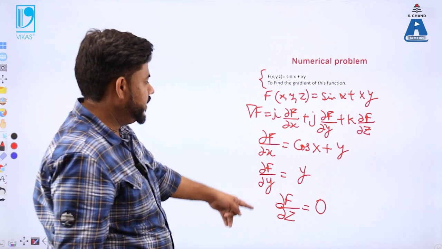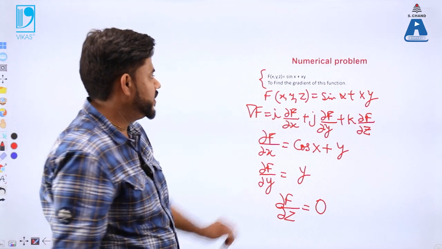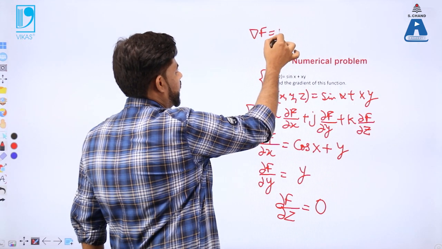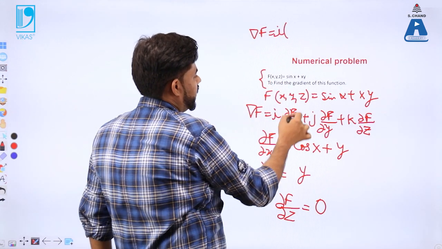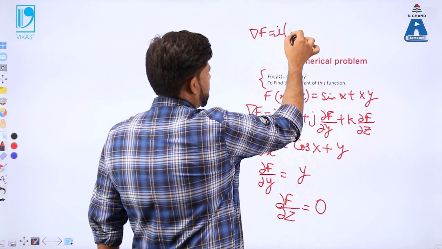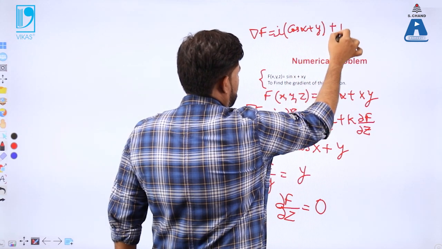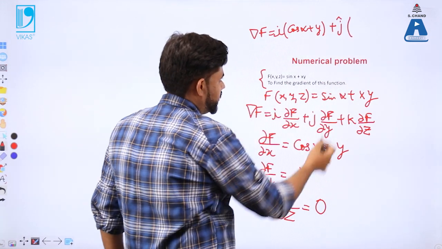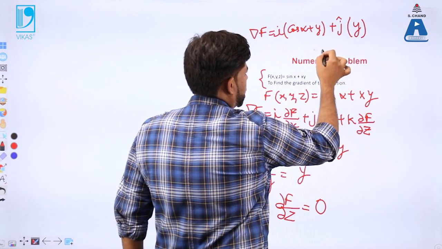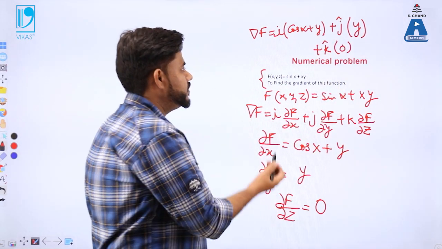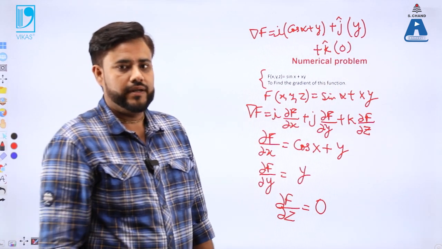Now I have all these three terms and I need to substitute them in the expression. So del f is i times cos x plus y, plus j times y, plus k vector times 0. So this is the final expression for gradient.